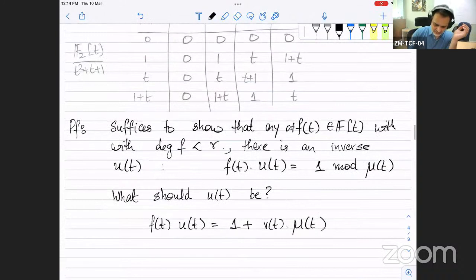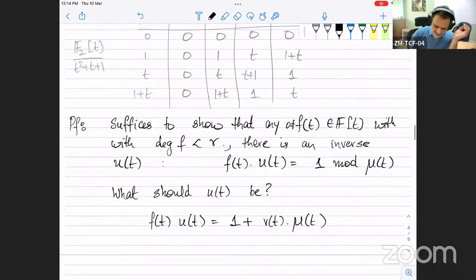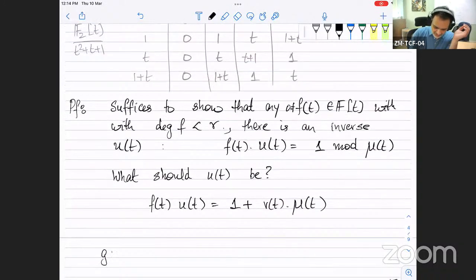So now the point is, let's ask ourselves, what is the GCD of f of t and mu of t?